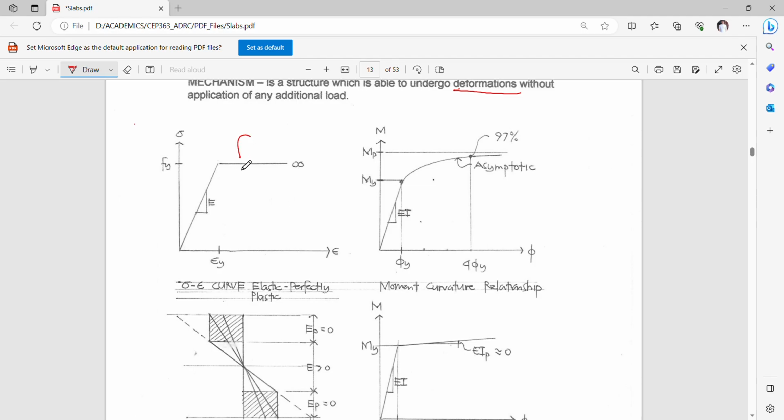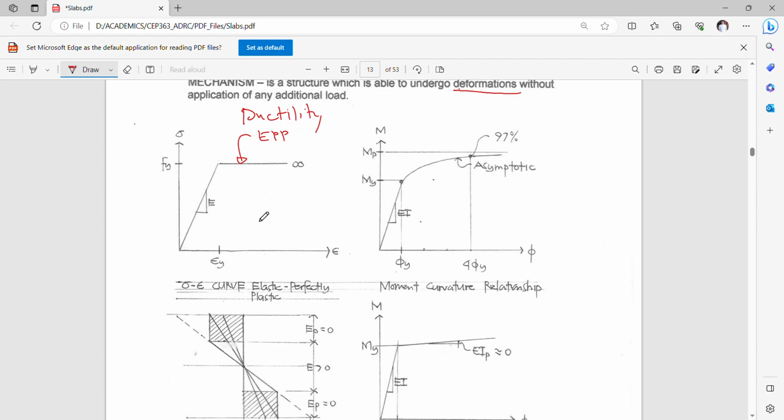Okay, so when you see this graph, we are defining an EPP, or elastic perfect plastic, stress strain graph. Of course, this only happens when your material exhibits the property of the EPP.